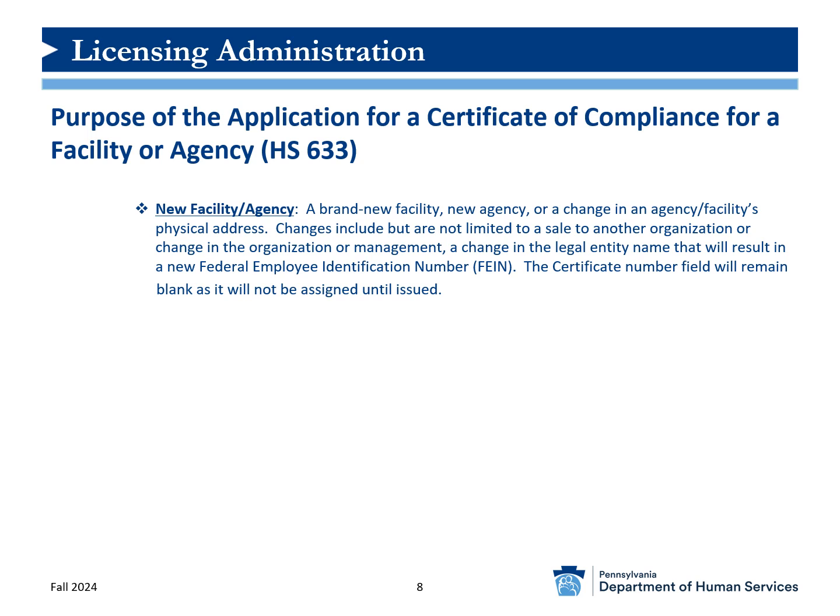These would be all reasons that you would use this HS 633 as a new facility or agency. In these cases, the certificate number field will remain blank, as it will be assigned when it is issued.